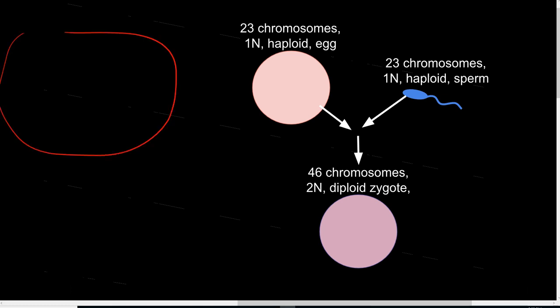You have some cell over here that starts the process. It has 2 sets of DNA. So we say it has 2N sets of DNA, 2 full sets of DNA, you could say, one from its mom and one from its dad. If we assume that we're dealing with human cells here, we are talking about 46 chromosomes, and we call that 2N.